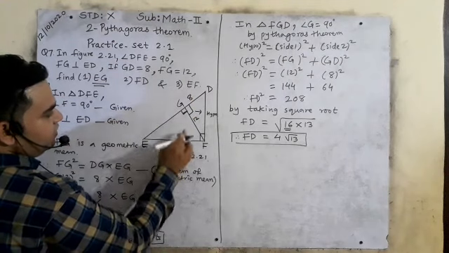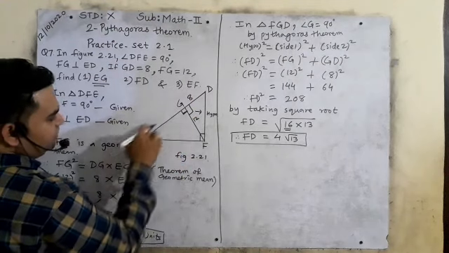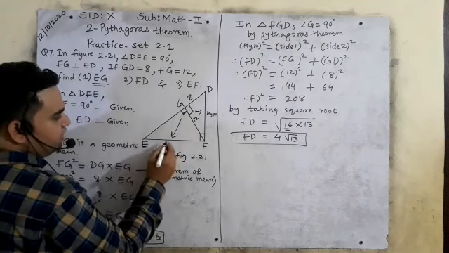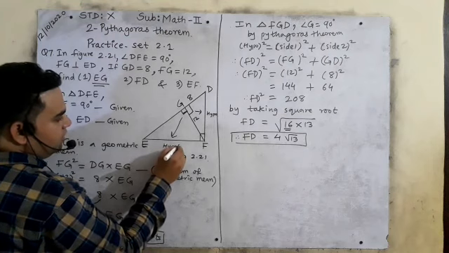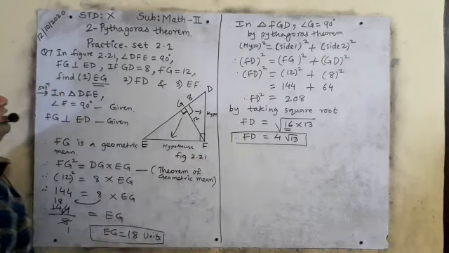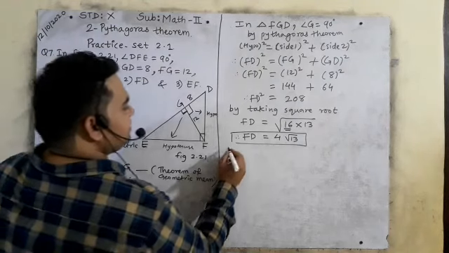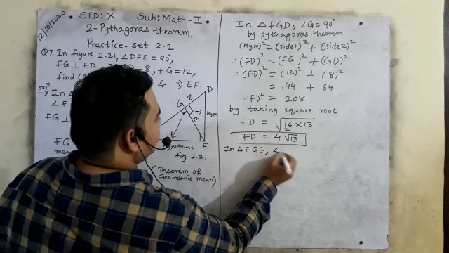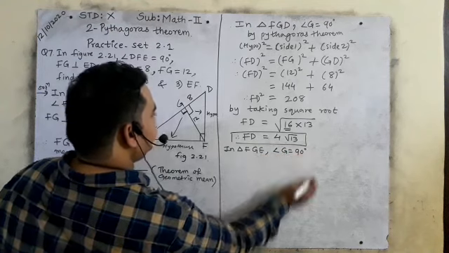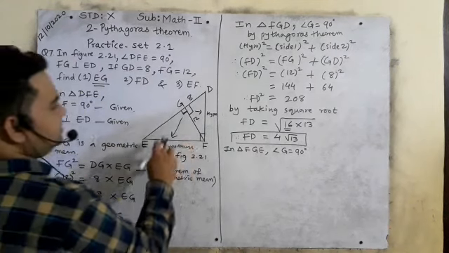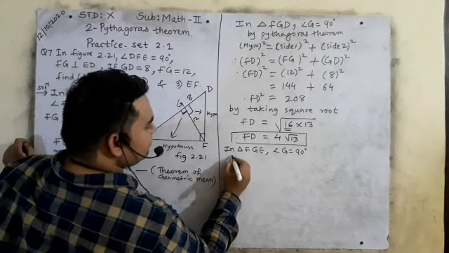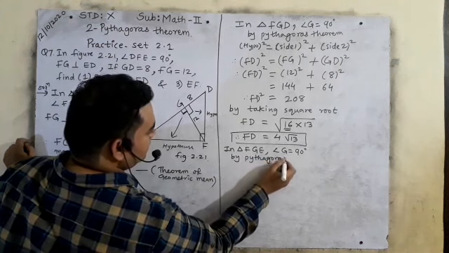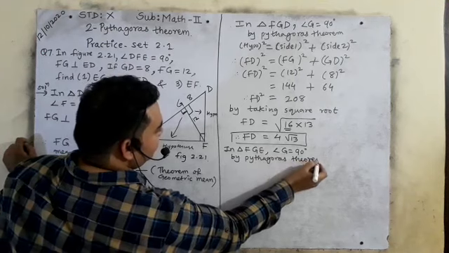EF, this one. We can use triangle FGE. G is 90 degrees, so the opposite side of G, which is EF, is the hypotenuse. Yes or no? Yes. So in triangle FGE, angle G is 90 degrees, and we will utilize Pythagoras theorem.